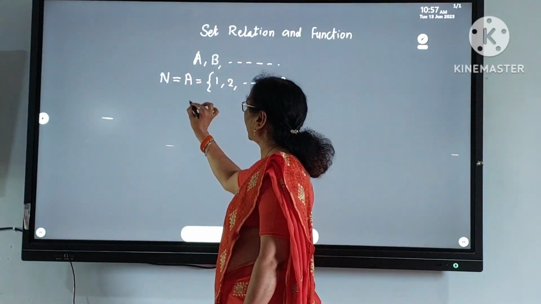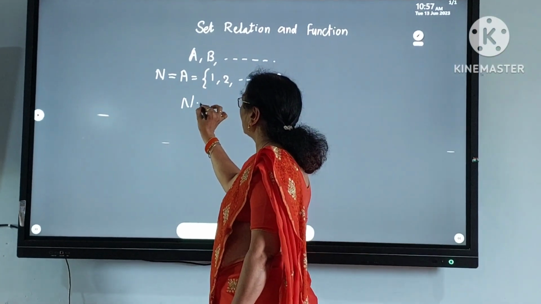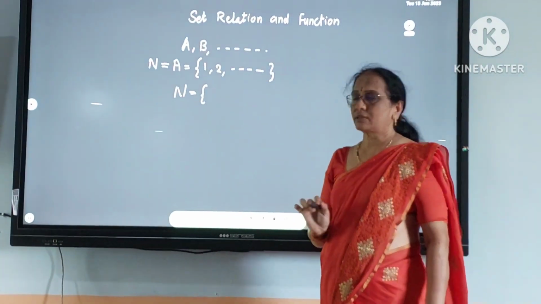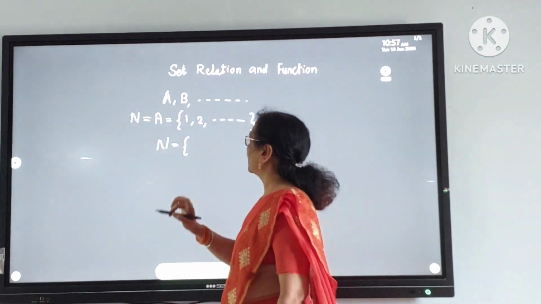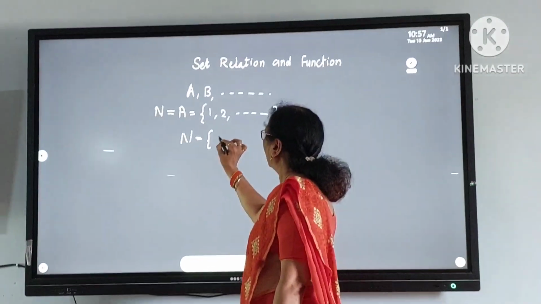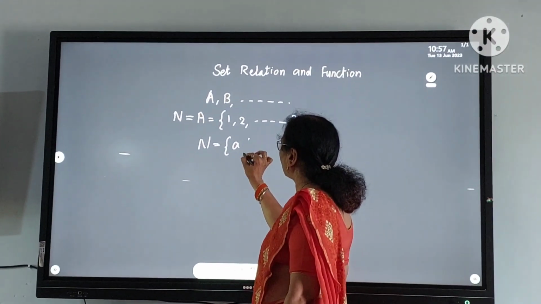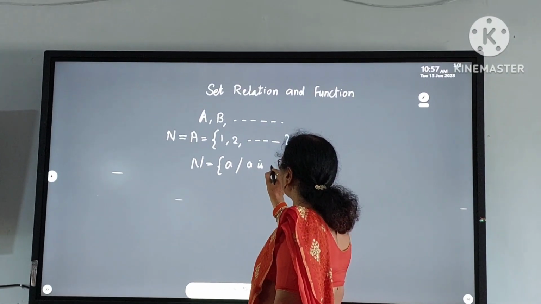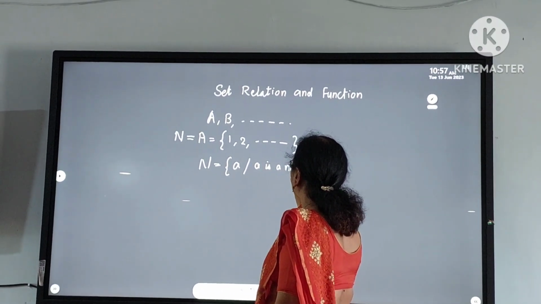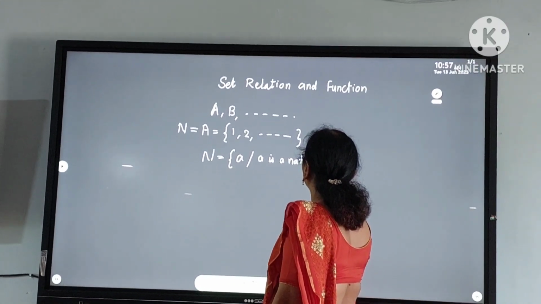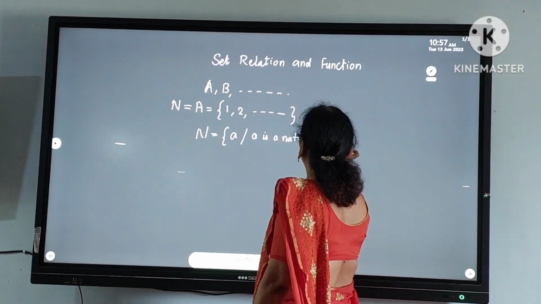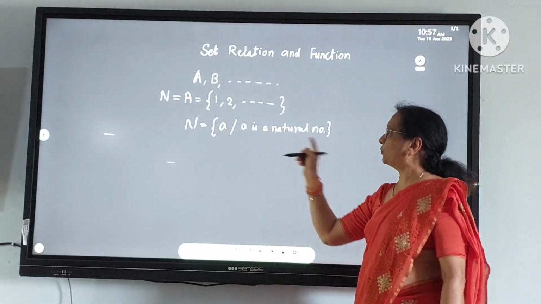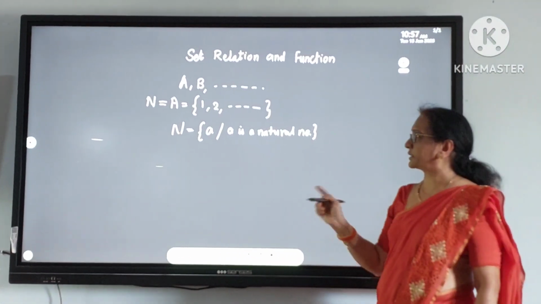So this natural number set is also represented in set builder form: A such that A is a natural number. This is also a way to represent a set.